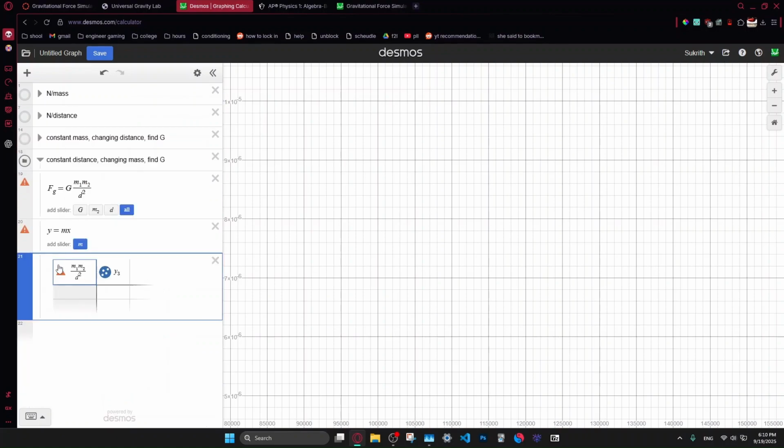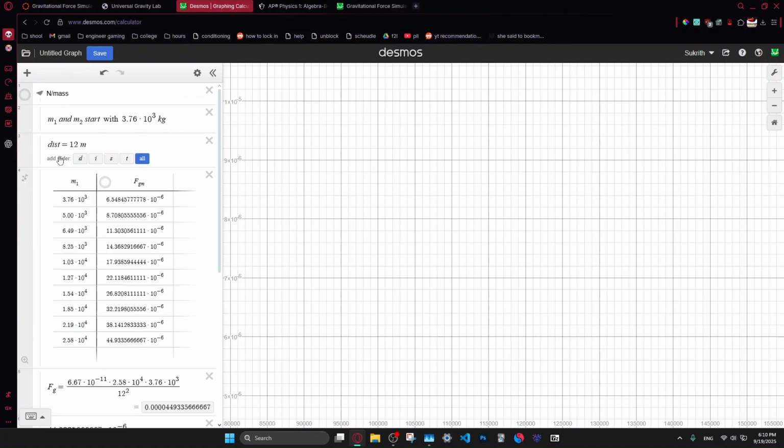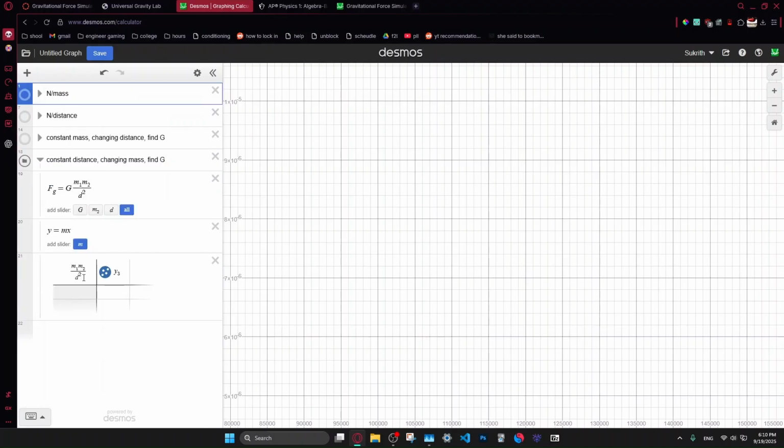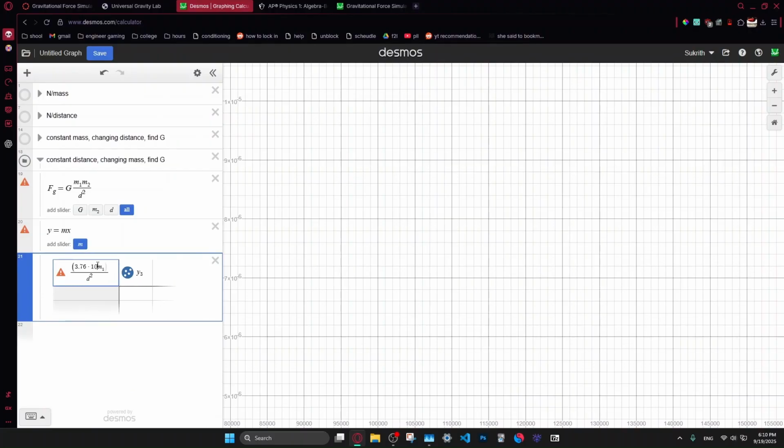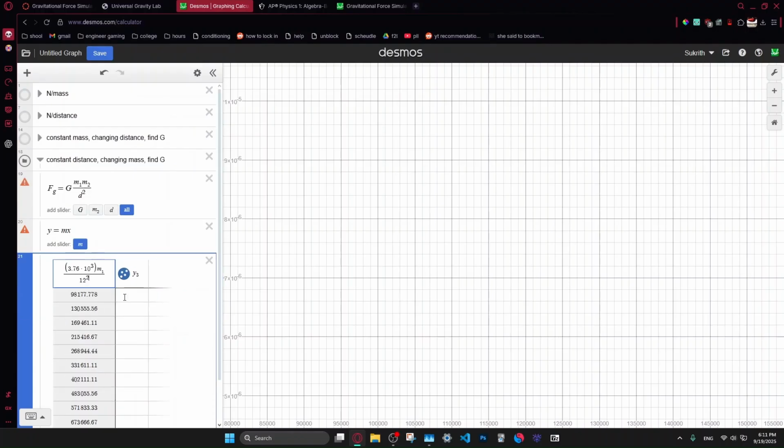So mass 1 is still going to be mass 1. That's what I have it saved as, mass 1. And we're going to multiply it by whatever our mass 2 was, which is the same every time, just 3.76 times 10 cubed. That'll give you m1. And then in the denominator, our distance was constant. Our constant was 12 meters. So we're just going to do 12 squared.